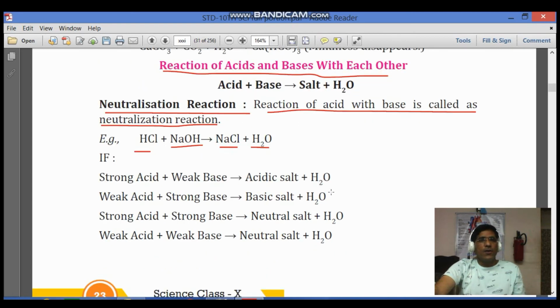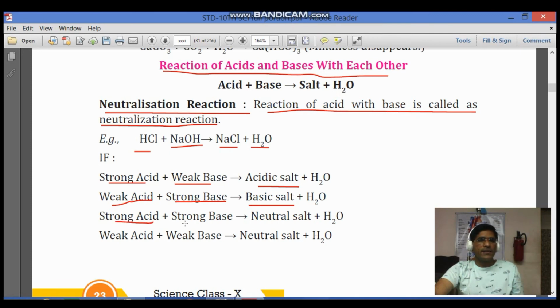Now there are four different types of reaction. When a strong acid reacts with a weak base, the salt is acidic, because the strong acid has more concentration, so it is an acidic salt. That is already in our text. Weak acid and strong base: the base is strong, so it is a basic salt.